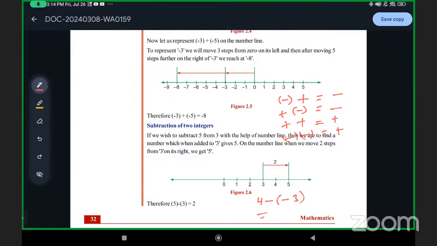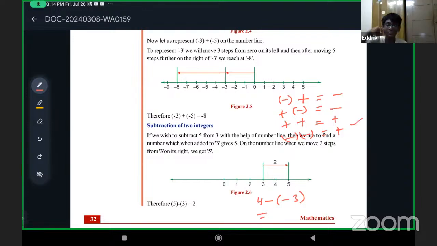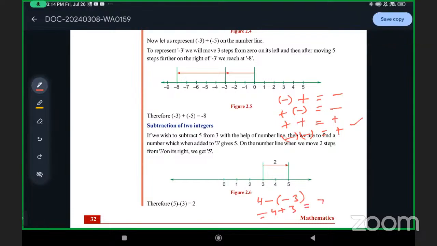Look at the fourth one: minus minus is plus. So it becomes 4 plus 3, that is 7. 7 will be my answer. Like this we operate. Very important: these 4 things you need to keep in mind when we are operating with integers.